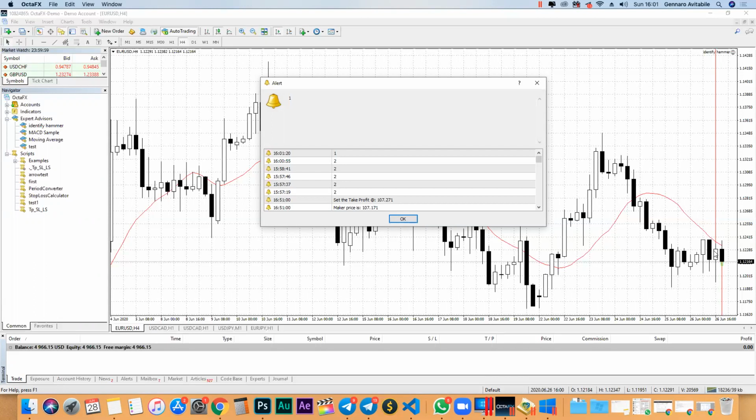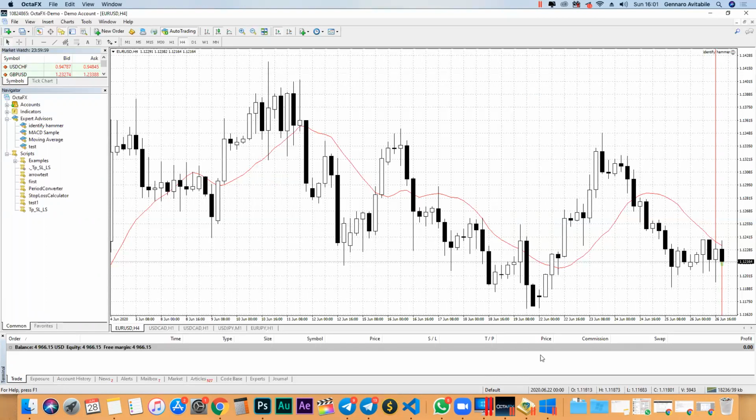But the next thing we want to do is understand, based on the sizes of the shadows and real body, if the candle is a hammer or not. That's going to be fun.